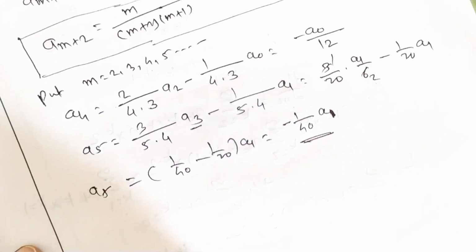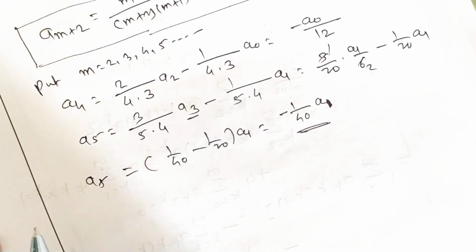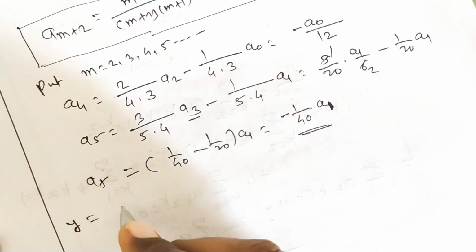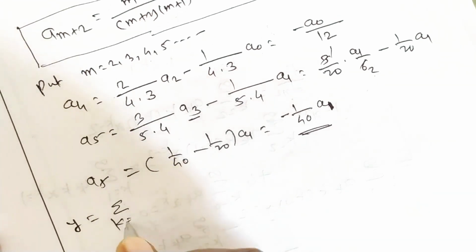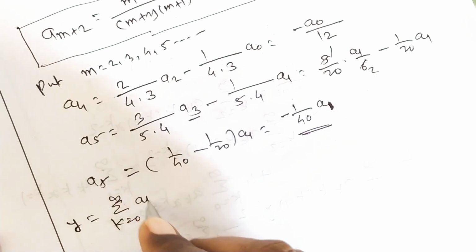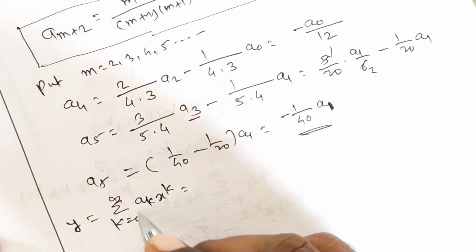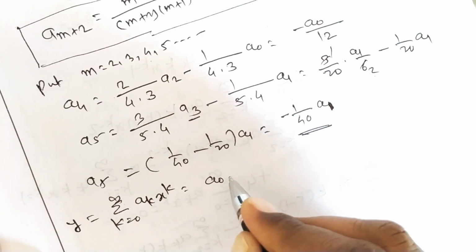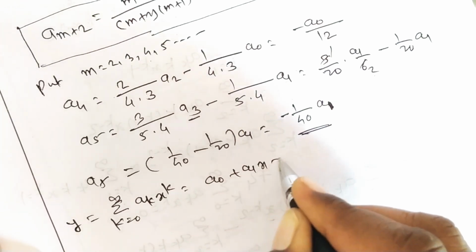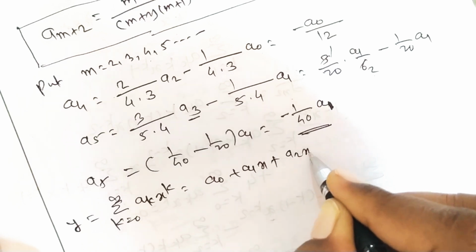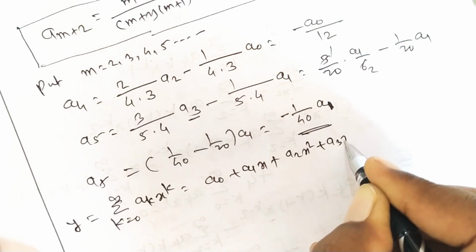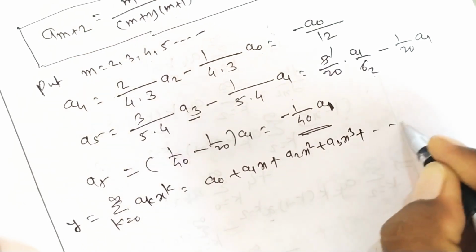Therefore now we have to write the solution of the given differential equation. And the solution of the given differential equation, what did we assume? y is equal to summation of k varies from 0 to infinity a(k) x raised to k. So if we expand this series for k equal to 0 to infinity, then we will get a0 plus a1x plus a2x square plus a3x cube plus so on.